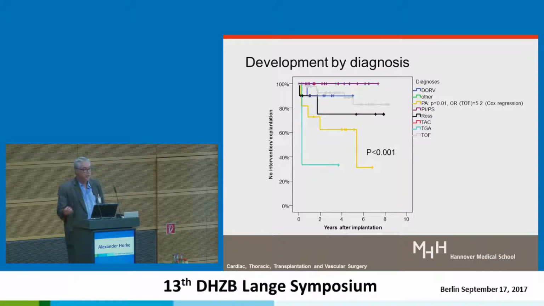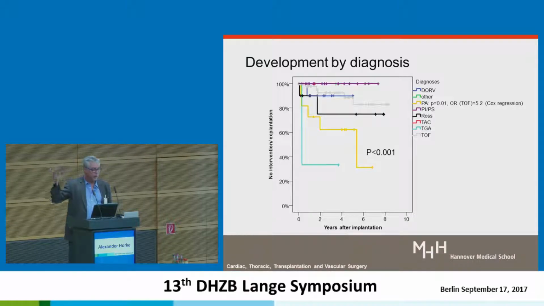Surprise, surprise. We cannot heal this if we put in a pulmonary valve. But if you have a pulmonary valve problem with isolated pulmonary insufficiency or pulmonary stenosis, we have ideal results. So I think that's very simple, but very important.